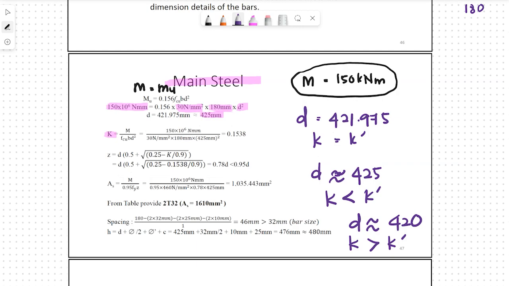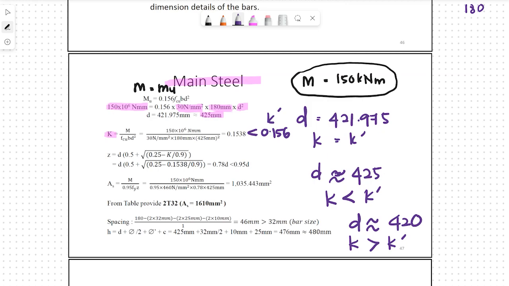So, in our case here, since I rounded it up to 425, when I calculate the K, I get 0.1538, or you can round to 3 decimal places, 0.154, less than 0.156, which means it is still a singly reinforced concrete beam, less than the K prime.